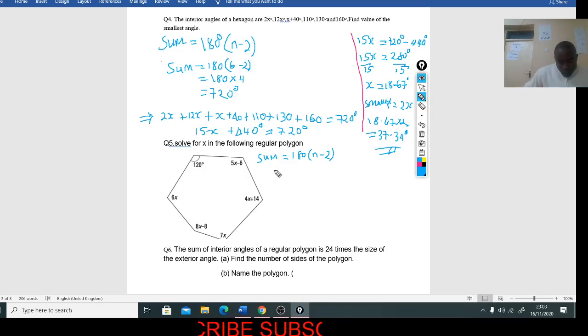That will be equal to 180 times, for a hexagon, 6 minus 2, which is 4, so times 4, and that gives you 720 degrees. That's the sum of this.